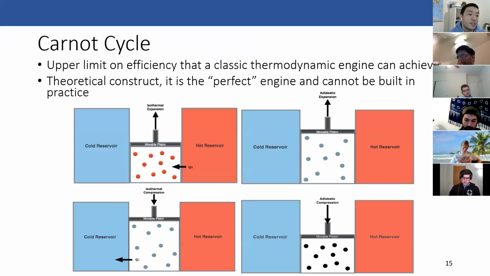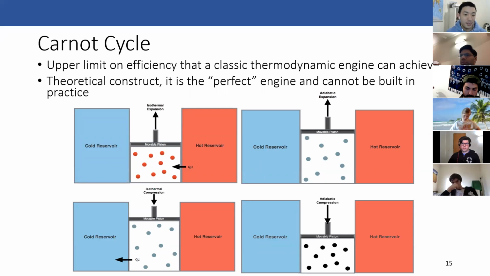So the Carnot cycle is an upper limit in efficiency that an engine can achieve. It's a theoretical construct because it's a perfect engine, and you can't actually build it in practice. The way it works is you have a piston that moves up and down, and you have a cold reservoir and a hot reservoir. From the hot reservoir, heat moves into the system, and that leads to an isothermal expansion, which moves the piston.